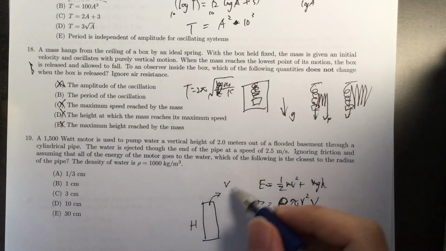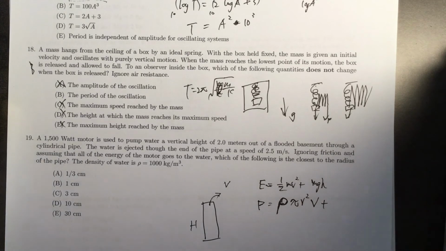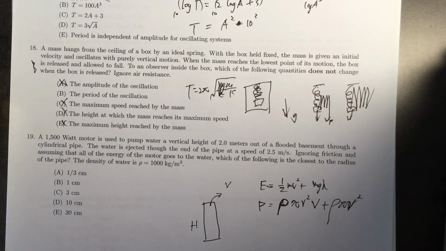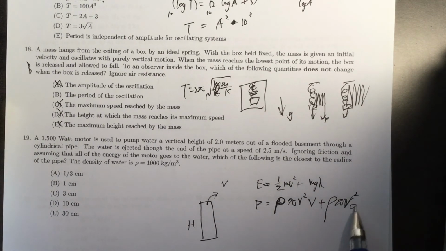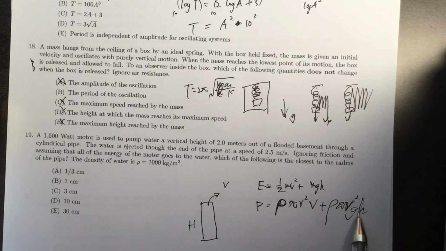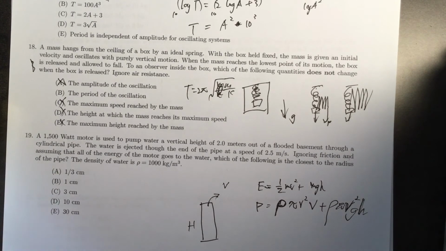But this only considers the kinetic energy part. We also need to consider potential energy. It's also rho times pi times v times r squared times g times h. Why?